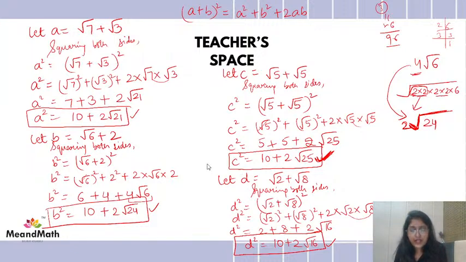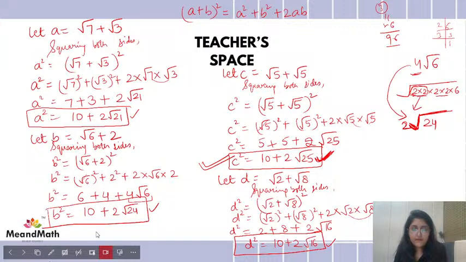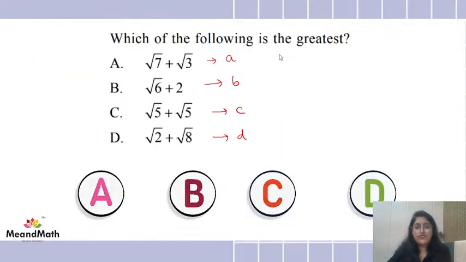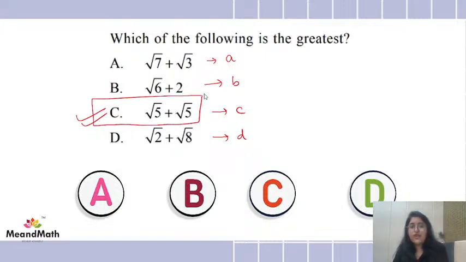So the correct option is C square, meaning this is greater. So the option we got correct is C. Which number is greatest among these? Root 5 plus root 5. So the correct option is root 5 plus root 5. All right, students, this is our correct answer.